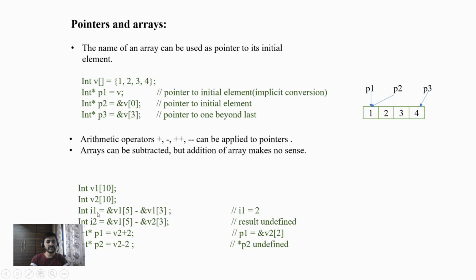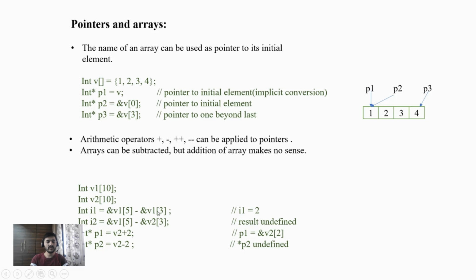So when we perform subtraction on pointers, the result is always the number of elements between those two addresses. Between the address of v1[5] and the address of v1[3], how many elements of int type will be there? So 5 minus 3 is 2.